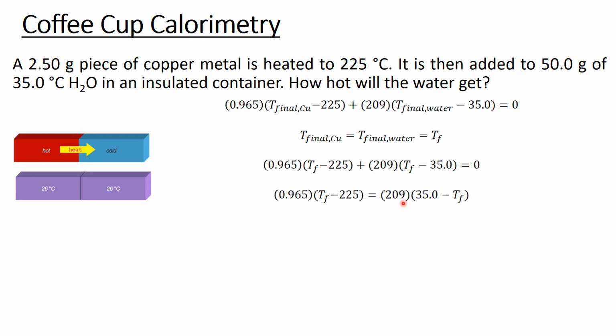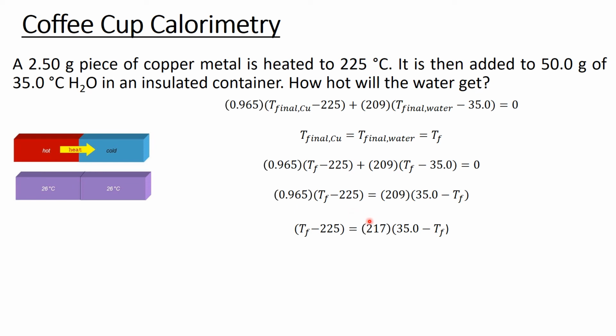So that's why I did that. Then I'm going to divide both sides of this equation by 0.965, and I end up with TF minus 225 is 217 times 35 minus TF.